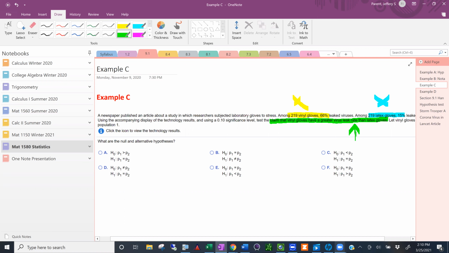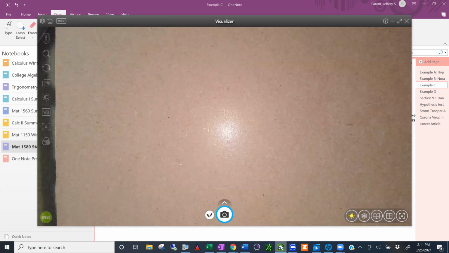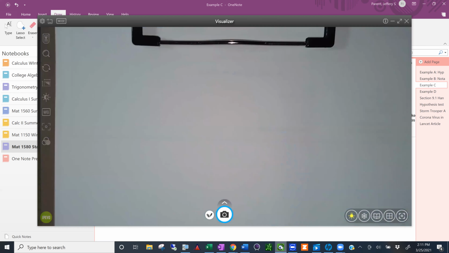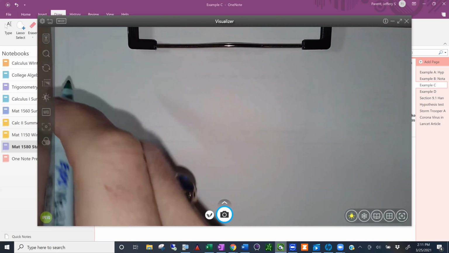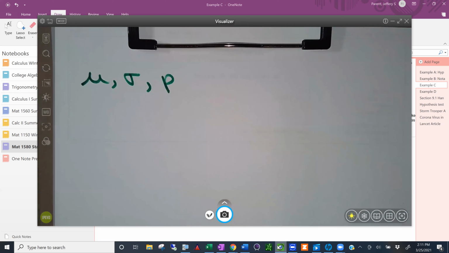Now that word rate right there is indicative of something that you need to pay attention to when you're doing this problem. Oftentimes when you set up your hypothesis test, you're going to wonder, what do we have here? Are we testing a mean, standard deviation, a rate or proportion? You can eliminate standard deviation.